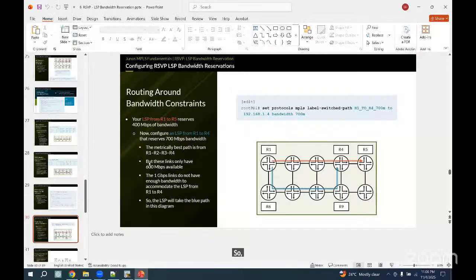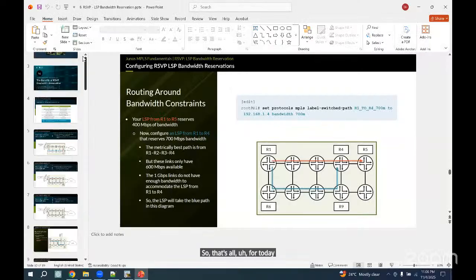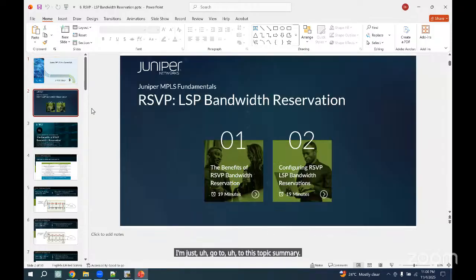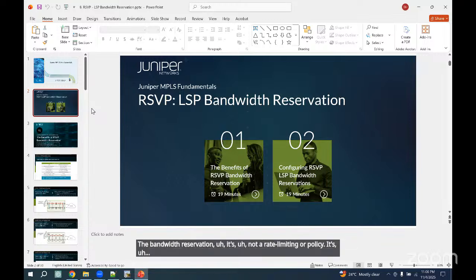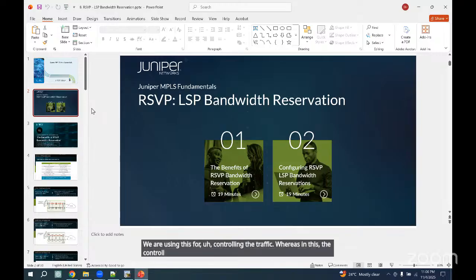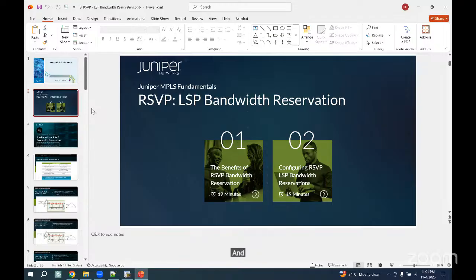So that's all for today. Let's go to today's topic summary. Today's topic was LSP bandwidth reservation. Bandwidth reservation is not rate limiting or policing; we are using it for controlling the traffic or balancing the path. This is the consideration of RSVP bandwidth reservation, and we checked how to configure it.